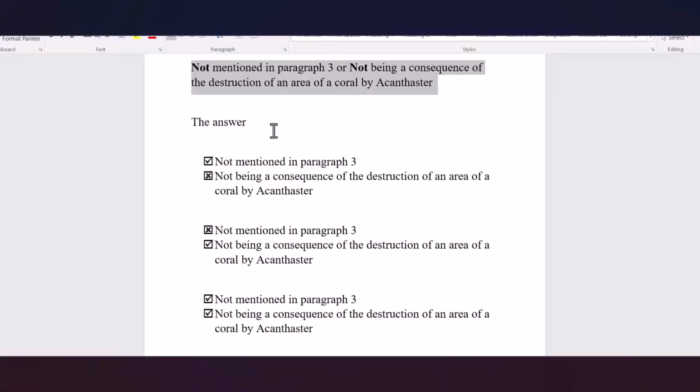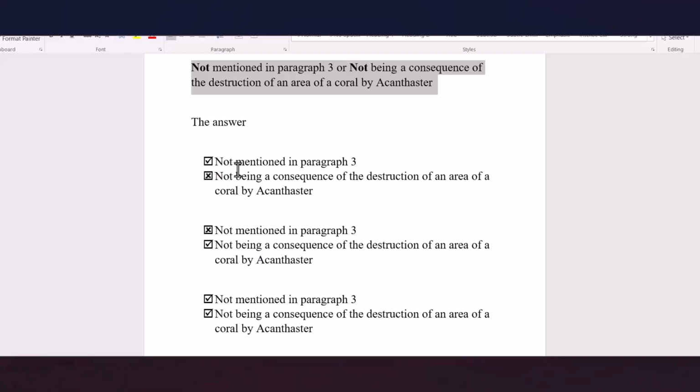We have 3 ways to explore the given options to find an answer. The first one is that an option should tick this box and cross this one.